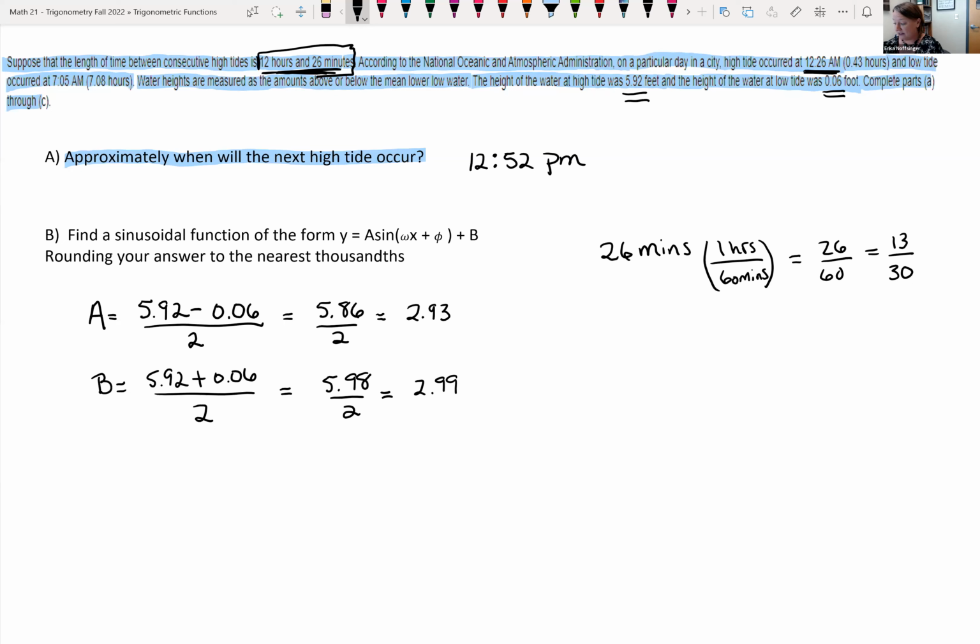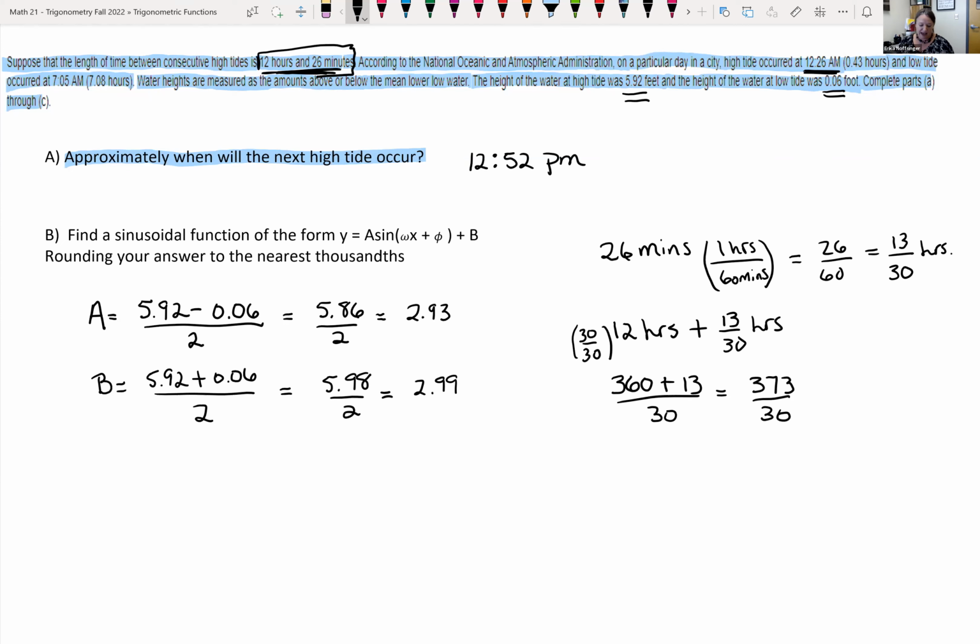Now we have the 12 hours plus the 13 over 30 hours. Let's get a common denominator, which would be 30. Multiplying our 12 hours by 30 over 30 gives me 360 plus my 13, all over 30, which is 373 over 30.